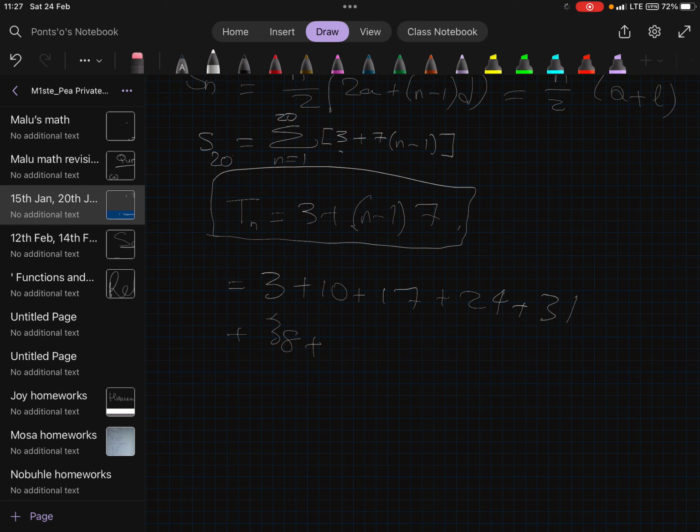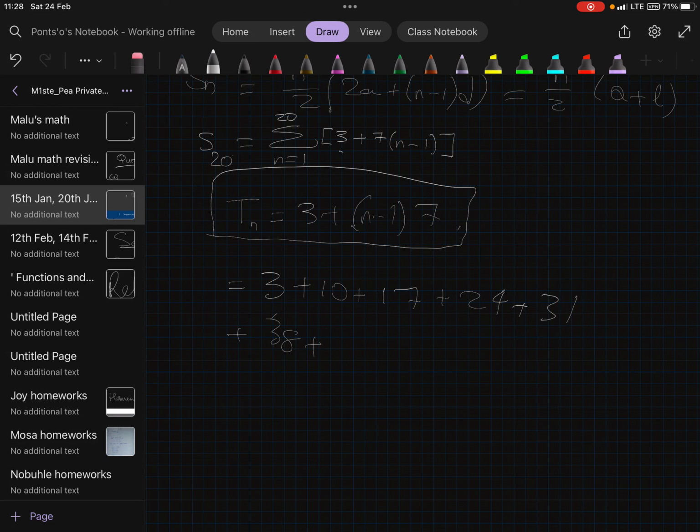To get the first term 3, we said 3 plus 7, open bracket, 1 minus 1, because we're substituting n equals 1. So in the place of n, we put 1. So we get 0 there. 0 times 7 is 0, and we're just left with the 3.